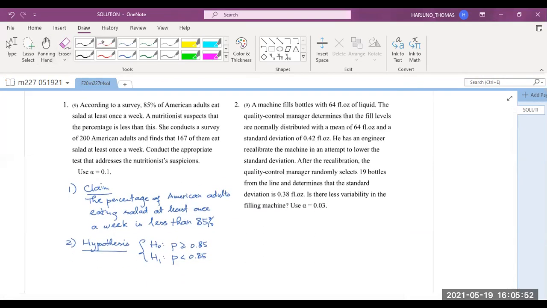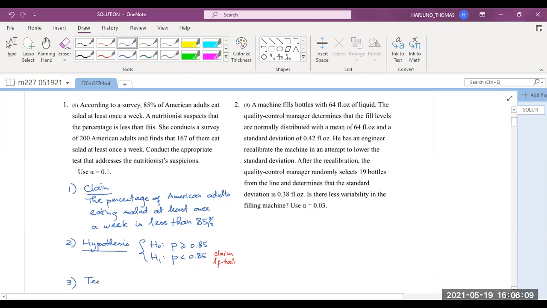Now the claim is here. This is the claim. And from there you see that's a left tail. Okay, the one I write in red, you don't need to show. The one I write in blue, you have to show.